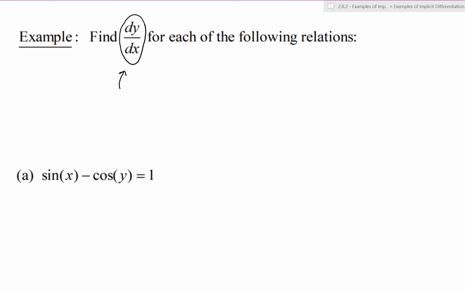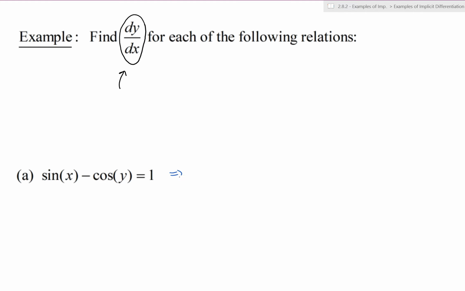However, remember that the x in the denominator denotes the independent variable, the variable we differentiate with respect to. Treat x as the input, and y is the dependent variable. That is important because it matters when we do implicit differentiation on an equation like part A.